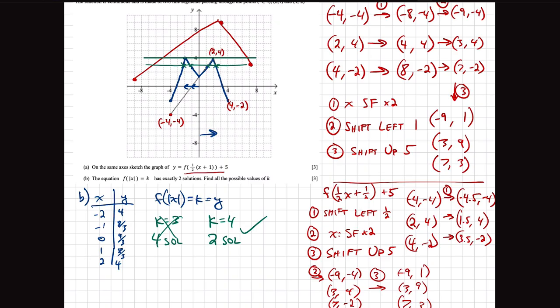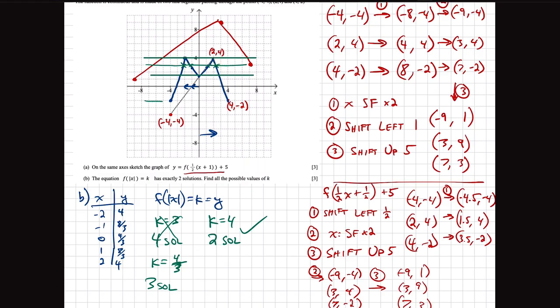However, if we come down here, and this is why it was important to find our y-intercept, okay? If I set k equal to 4/3, well, when k is equal to 4/3, I actually have 3 solutions, right? However, if I just nudge k down a little bit, then I end up with 2 solutions.